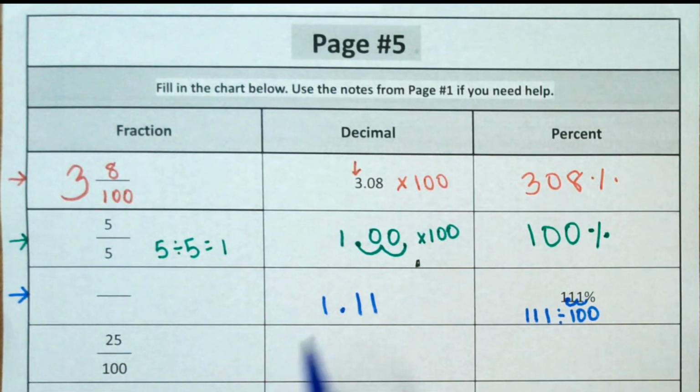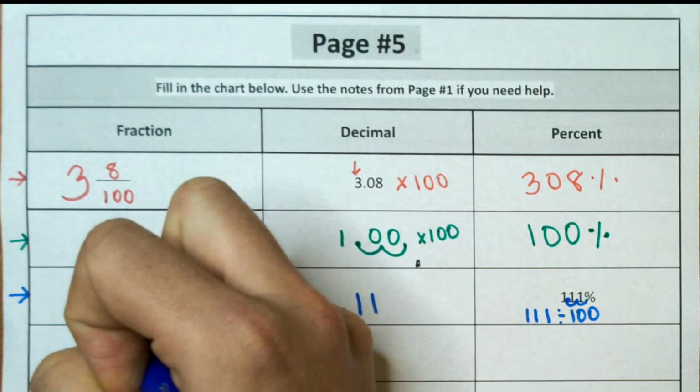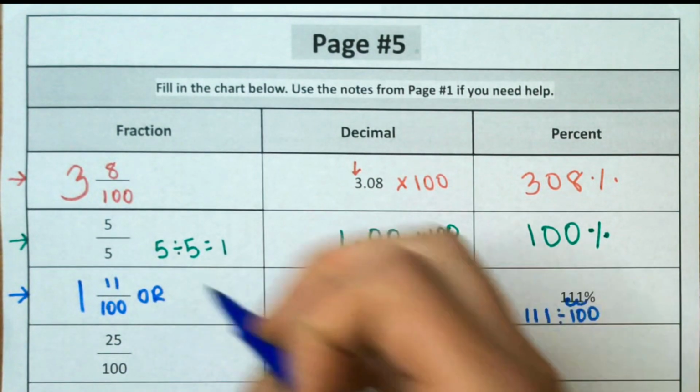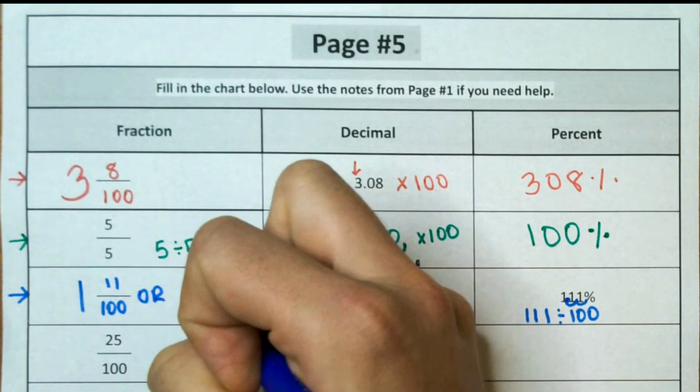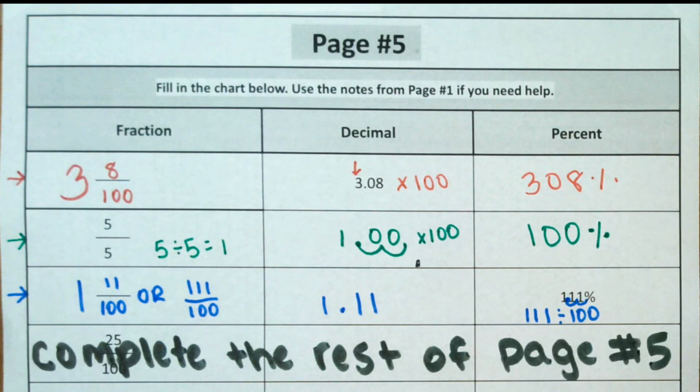Now we can write our fraction as 1 whole and 11 hundredths. Another way you can write this is 111 over 100. Check your work here. And then go ahead and complete the rest of page 5 on your own. Come back to the video once you finish page 5.